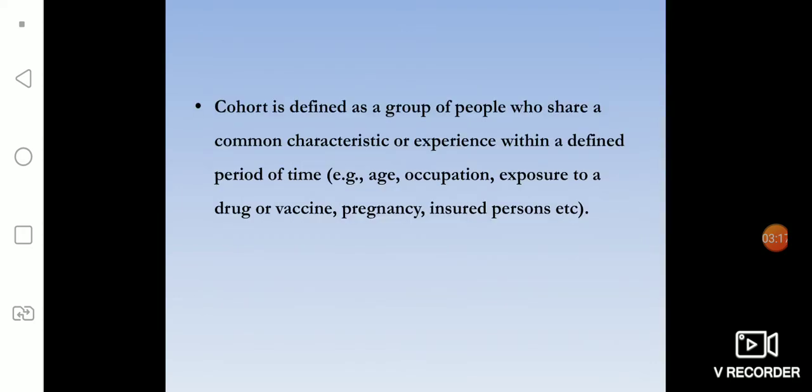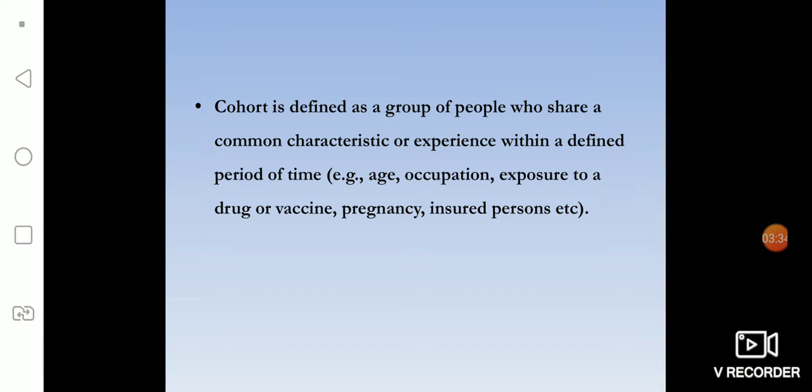We are going to find out among the exposed and not exposed, who is having the disease and who is not having the disease. Now a cohort is defined as a group of people who share a common characteristic or experience within a defined time period. This is a viva question also, please try to understand.